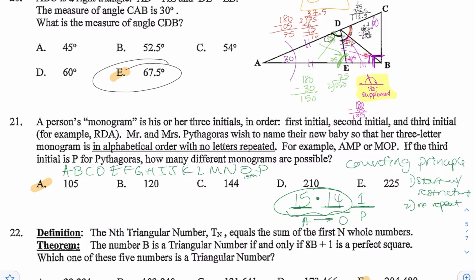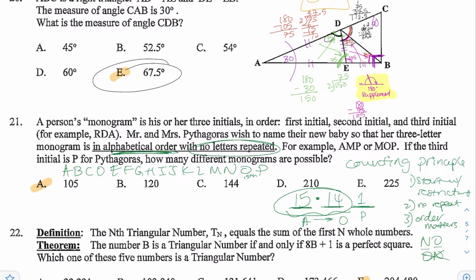Now here, this has to be also in alphabetical order as well, so that's the next restriction. So because there's an alphabetical order, here order matters. What that means is if you pick O as one of the letters, N-O would be okay, but O-N would be incorrect because that's not alphabetical order.